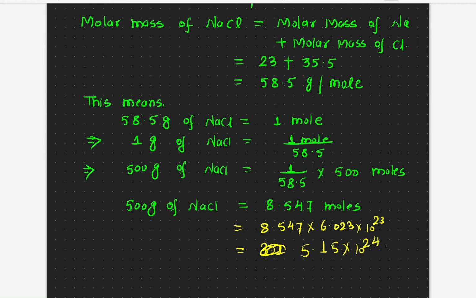If you take 1 mole, if you're talking about the atoms, the number of atoms, or if you're talking about the molecules, the number of molecules of 1 mole will have this many, and this is called Avogadro's number.